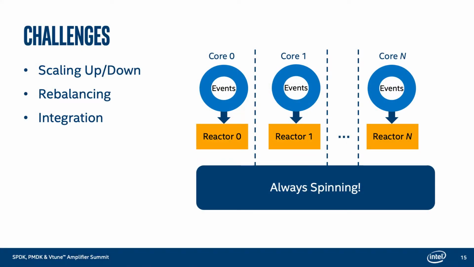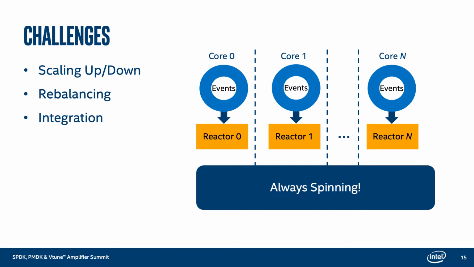Okay, so this model has a couple of challenges that all of you have made very clear over the years. The main problem is figuring out how to scale up and down. So during the life cycle of your application, you have periods where you're busy and periods where you're less busy.